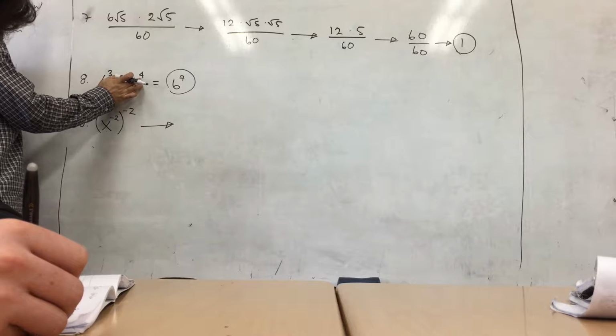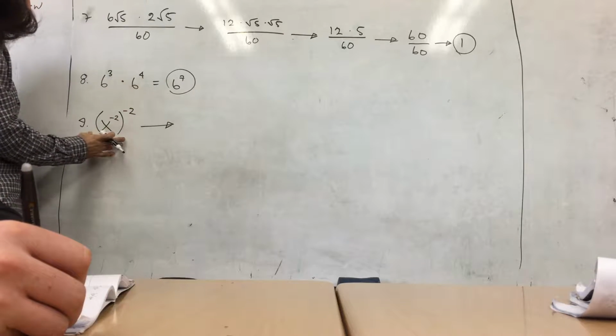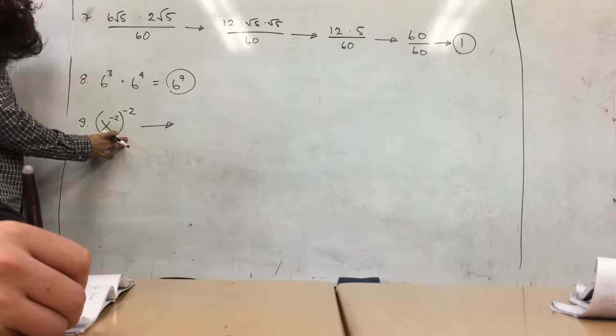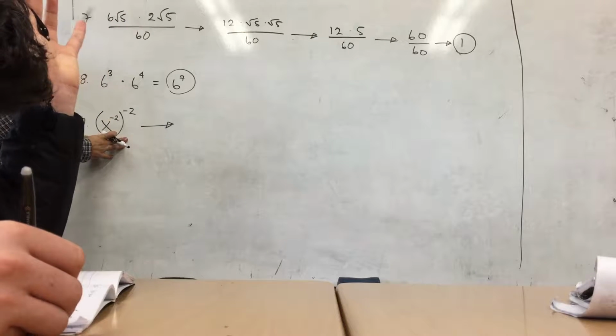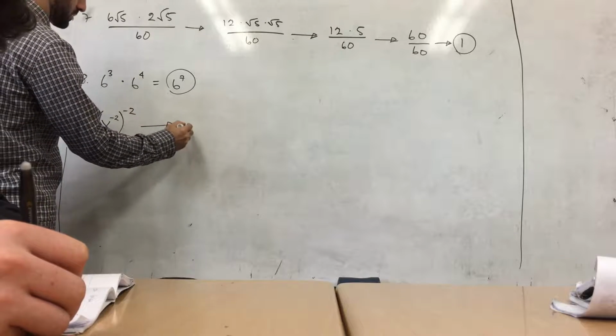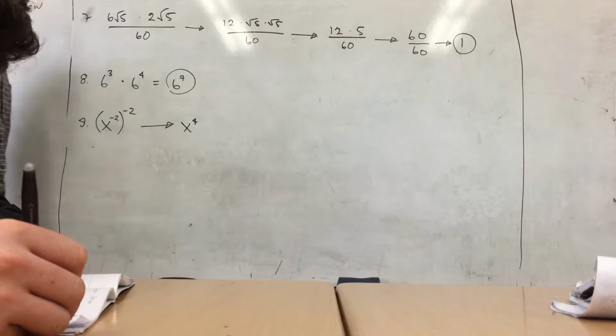We came up with a formula where JJ said you add these. Is there a similar formula we came up with for something like this? Does anyone else remember? Eli. You multiply these two. Multiply the exponents.